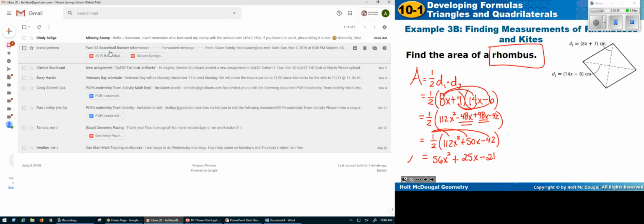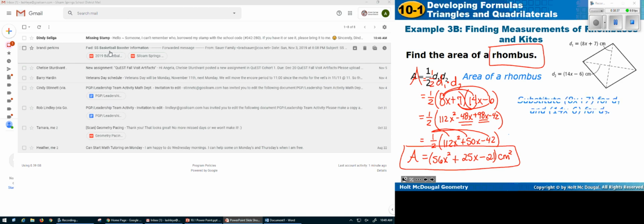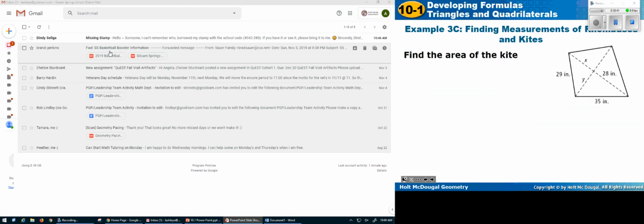So we have area equals 56x squared plus 25x minus 21 units, centimeters squared. So make sure that you do put square units on that one because it is area. Okay? There's only 2 more examples. I'll let you guys go ahead and just work on those until it's time to go, and then we'll check them when we come back.